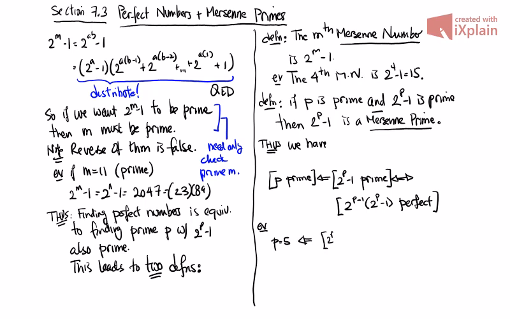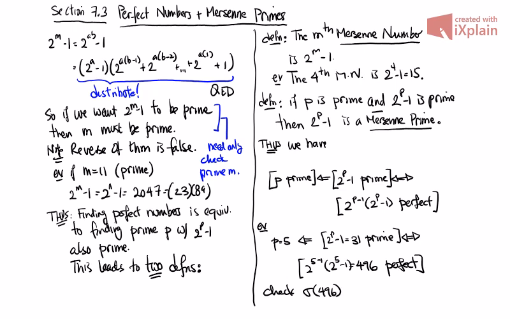That goes with 2 to the 5 minus 1, which is 31, which is prime, which corresponds to 2 to the 5 minus 1 times (2 to the 5 minus 1). That value is 496, and that's perfect. We can see that because sigma of 496, if you calculate it, this is not screamingly obvious, is 992, which is 2 times 496.